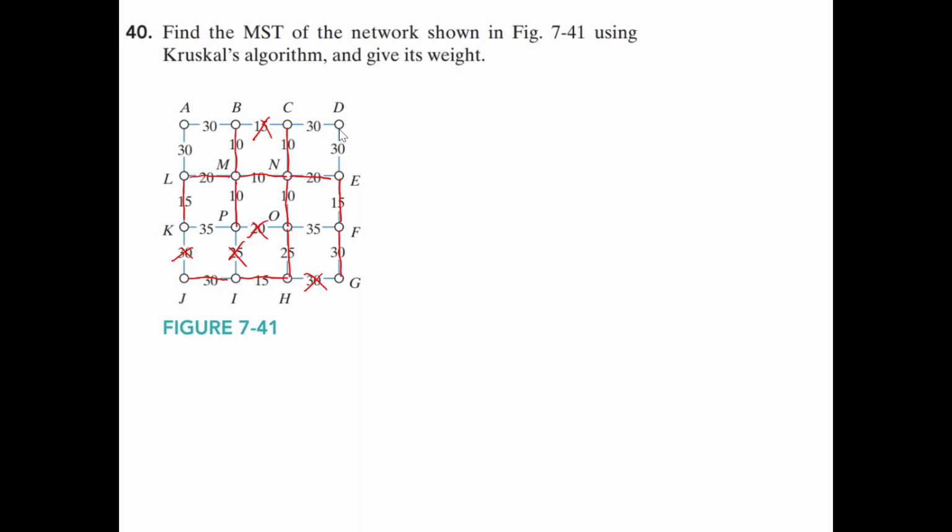I can use this 30. And I can't use that 30 because it'll close that circuit. Can't use this 35 because it'll close that circuit. And then I can use that 30. I can't use that 30. Can't use that 35.